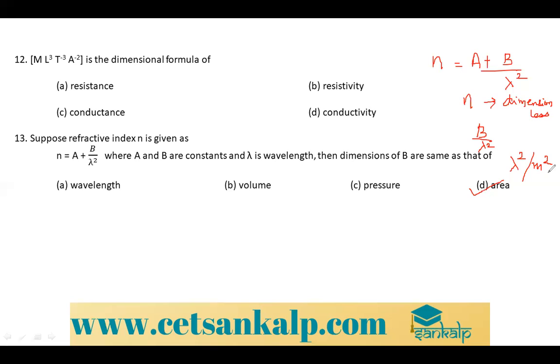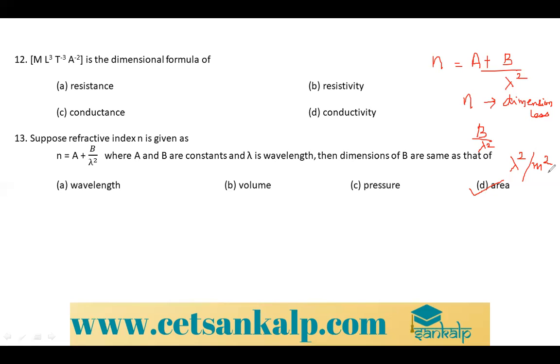But as you know, lambda is wavelength. Since lambda is a measurable quantity, b can also have a dimension. So now for lambda, what is the SI unit? Meter. They've given lambda square, so again it becomes meter square.